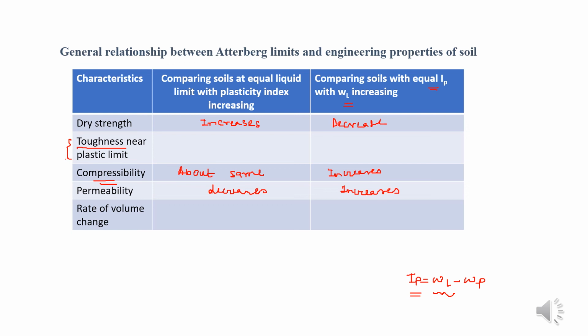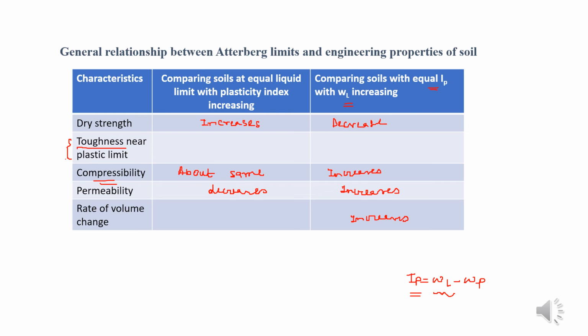Now the rate of volume change is more or less related to the compressibility of the soil. So we see that if my plasticity index is equal with liquid limit increasing when comparing two soils, the soil with the greater liquid limit has its volume change also increasing, like the compressibility of the soil.